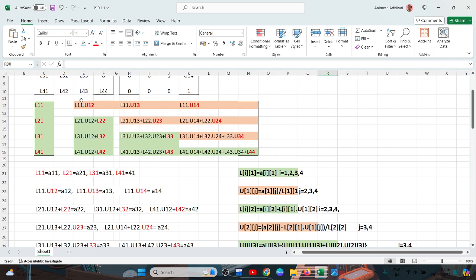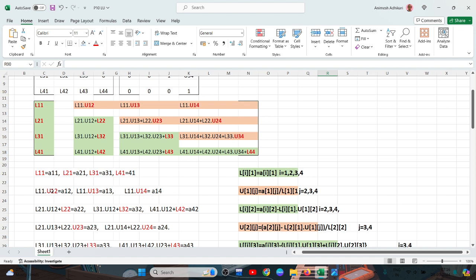Next, the red highlighted row. From this row, L11 U12 equal to A12, L11 U13 equal to A13, L11 U14 equal to A14. From these equations we get U12, U13, U14.